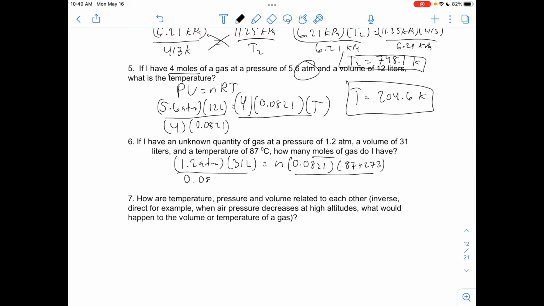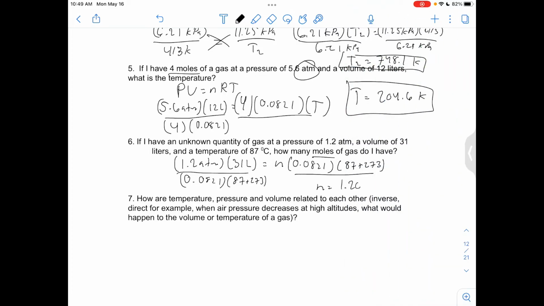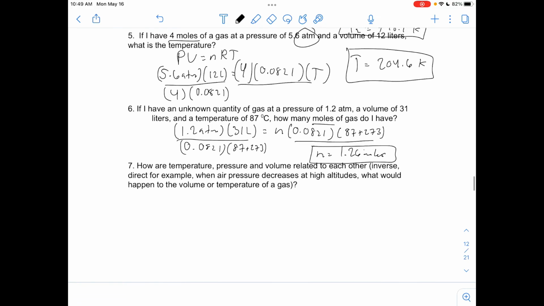So I'm going to divide both sides, isolate n by itself. Let's see what n comes out to be. 1.2 times 31 divided by 0.0821 divided by 87 plus 273. Okay, 1.26 moles.